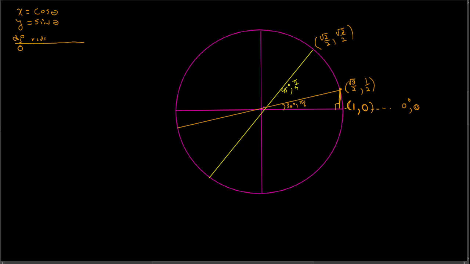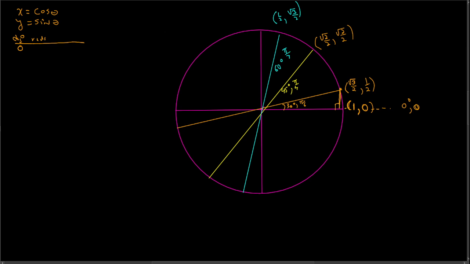Sorry about my tool switching here. And this is 60 degrees, or pi over 3 in radians. And we know the cosine of 60 degrees was 1/2, and the sine was √3/2.